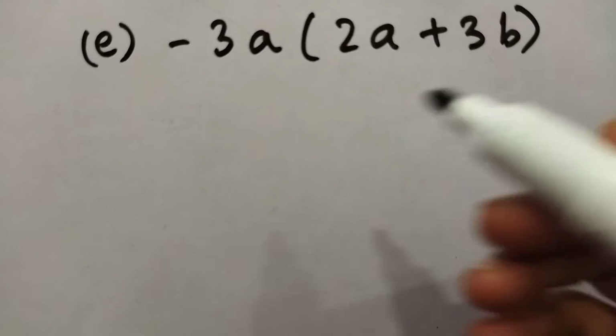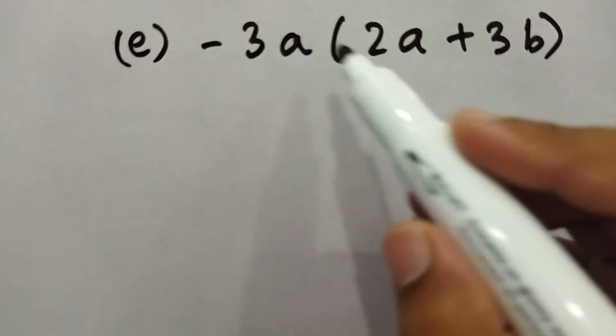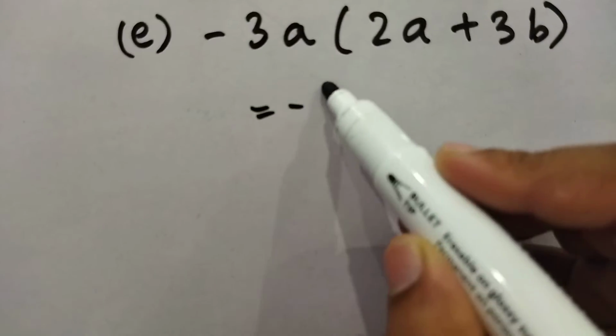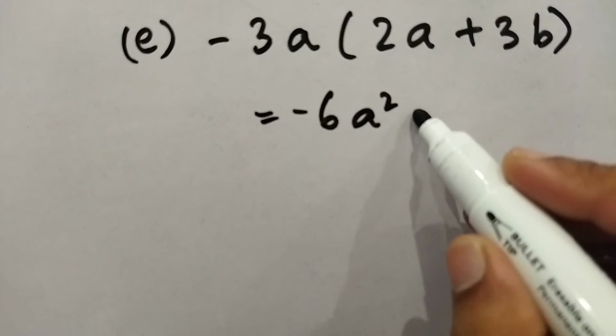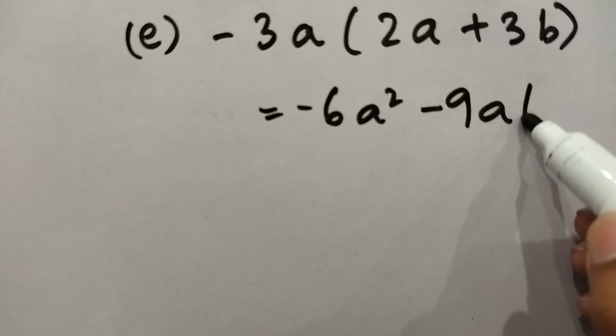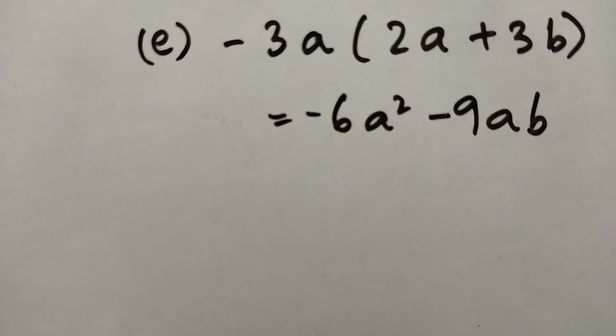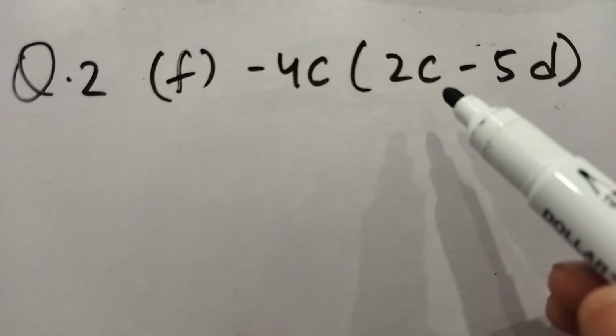Here comes part E. Minus 3a into 2a plus 3b. Minus 3 into 2 is minus 6. A into a is a square. Minus plus minus, 3 3s are 9, ab is ab. This is the answer. Here comes part F, which is minus 4c into 2c minus 5d.